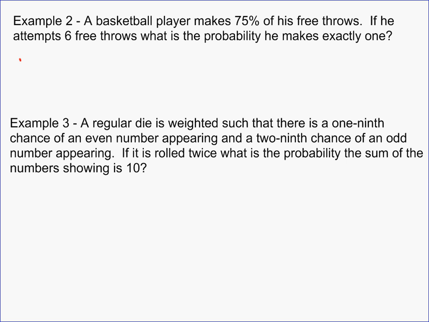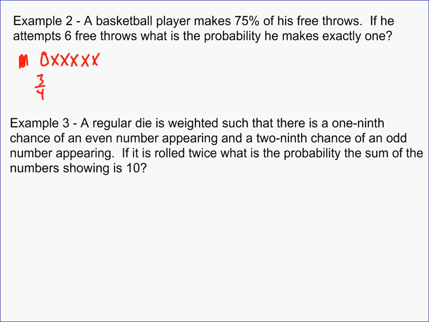The way we do this is, one example would be 1 make, and let's use circles for a make, and then a bunch of misses. So he makes his first one, then misses the next 5. Now, here's a time when fractions are much easier than decimals, so I'm going to say 3/4 instead of 75%.